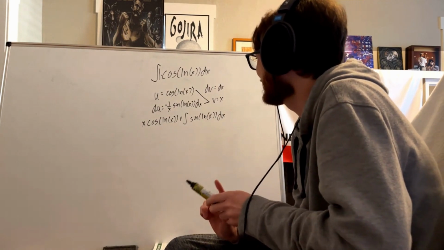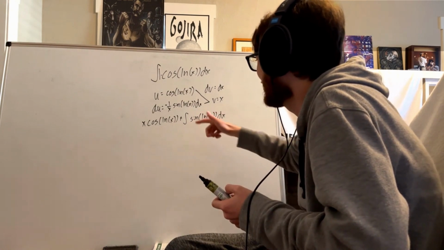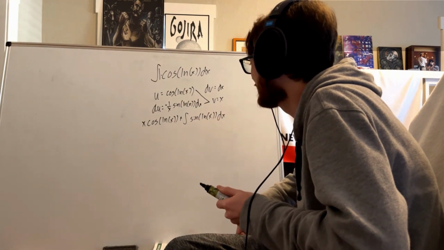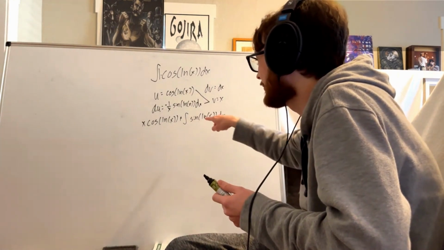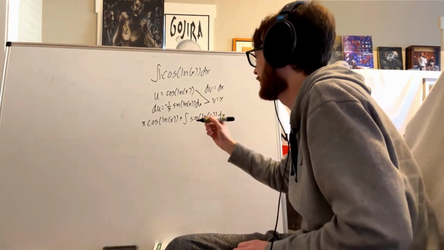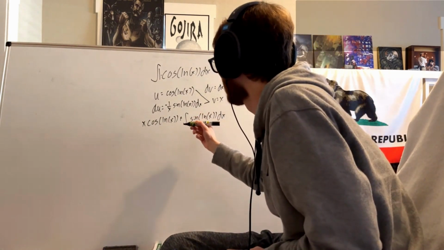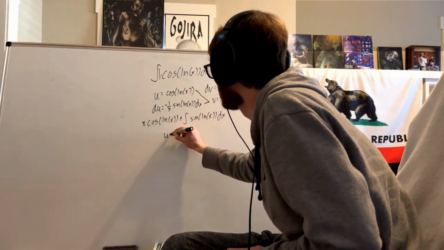So here, it looks like we haven't made any progress because now we have the integral of sine of ln x, and who knows what that is. But if we just take a leap of faith here and integrate this by parts again, it's actually going to work out because we can use an algebra trick. So let's do the same exact thing with integration by parts, but we have sine instead now.